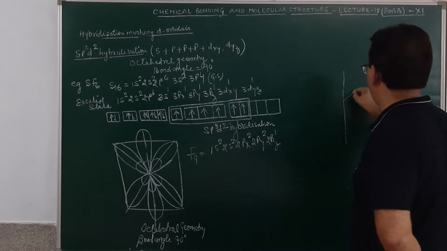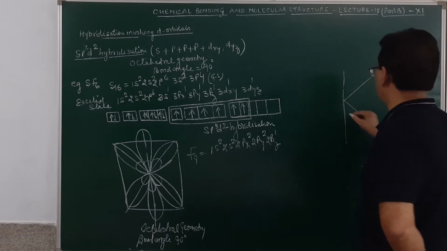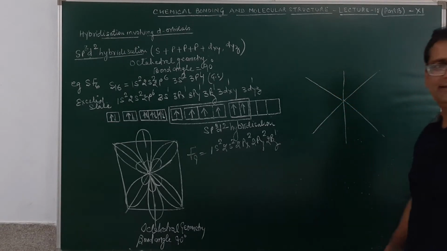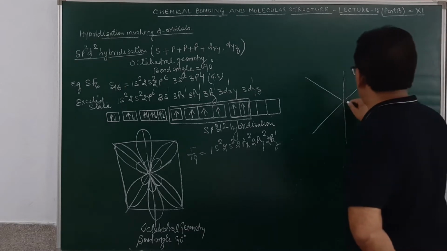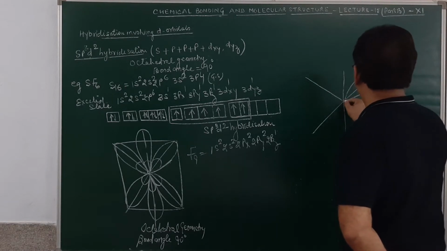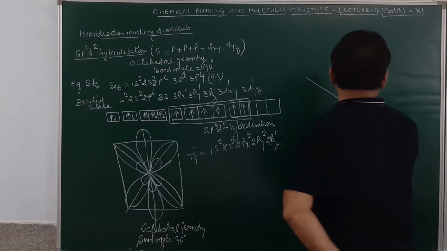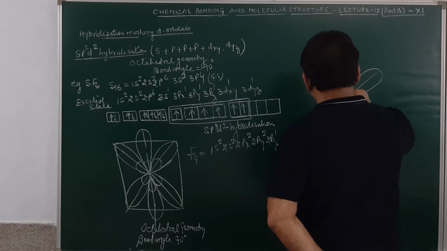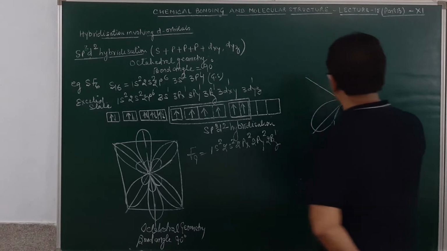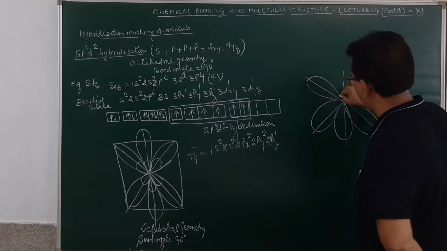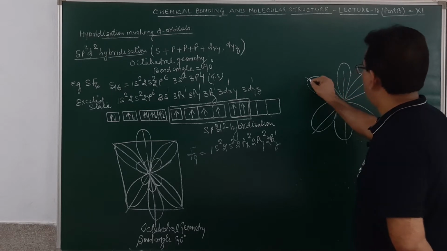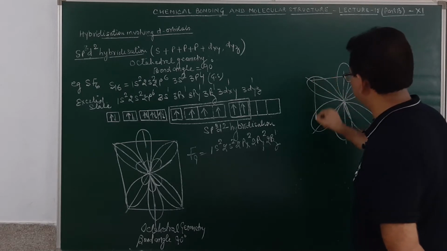These are the octahedral geometry of this one. These are the hybrid orbitals, which are 6 sp3d2 hybrid orbitals. I think I shall be very clear over here.